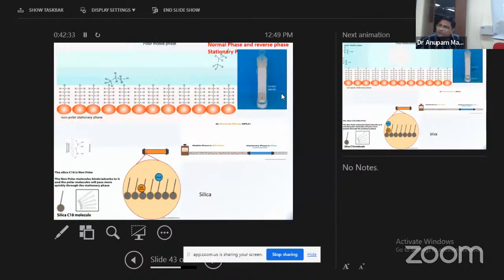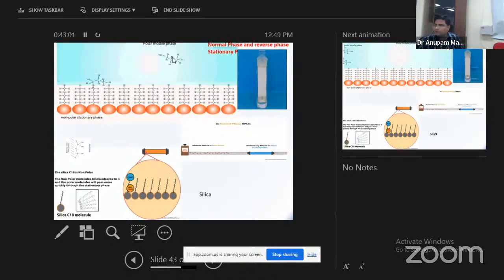So in normal phase TLC, this is the mechanism inside. The silica gel in TLC is polar, and the thumb rule of chromatography is like dissolves like. In normal phase TLC, the stationary phase has more affinity with polar compounds. So the non-polar compound will elute first.